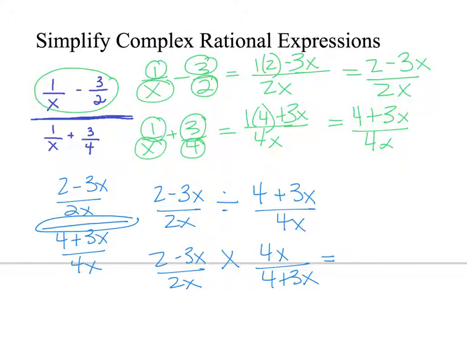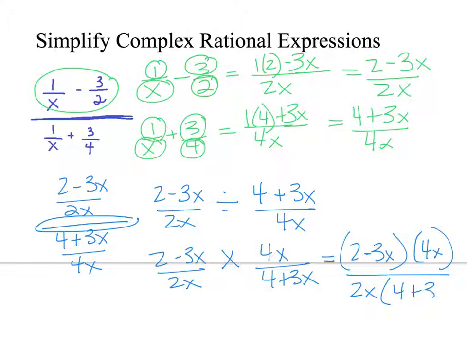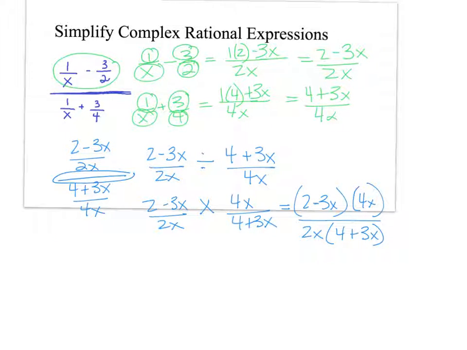You can multiply the top, 2 minus, well, make sure that's a minus 3x, times 4x, all over 2x times 4 plus 3x. Now I'm going to want to simplify this a little bit more. I'm going to take my 4x and multiply it by 2, so that's going to give me 8x, and 4x times negative 3x will give me negative 12x squared.